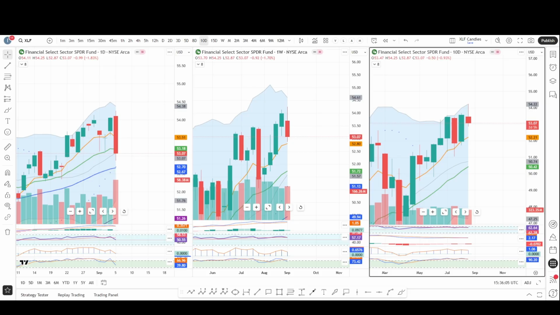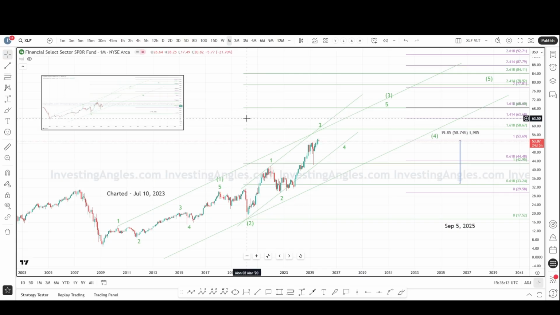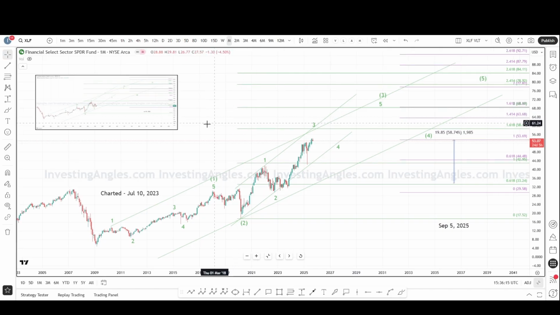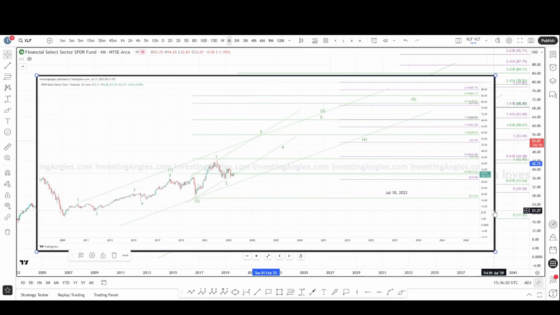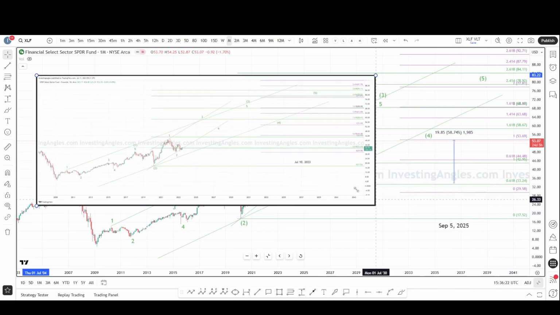So far, as we remember, the other sectors look rather bullish. And speaking about the financial sector long-term perspective, this is the chart that we've been tracking since July 2023, for over 2 years.